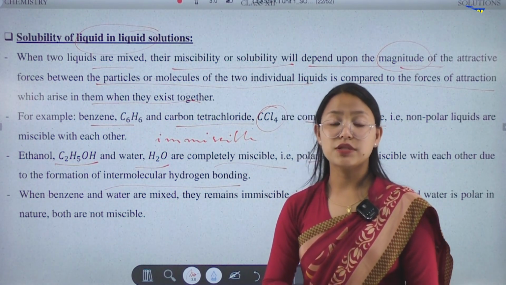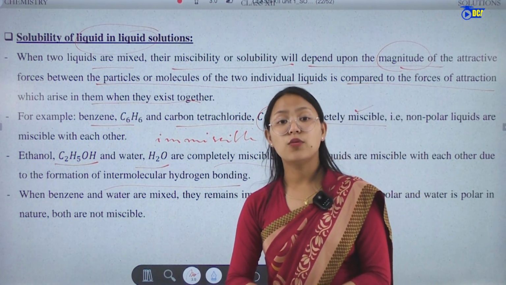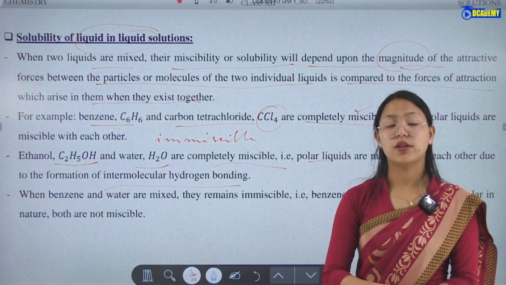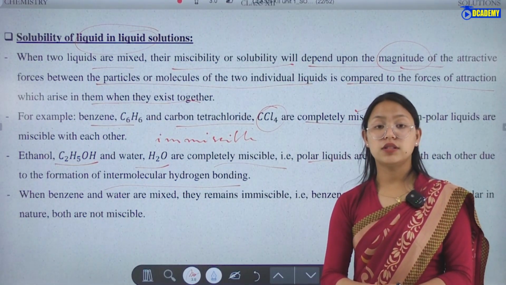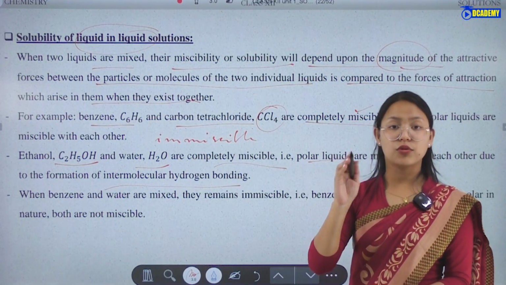So whenever there comes a question like why water dissolves ethanol, or how ethanol dissolves in water, it is the same question.